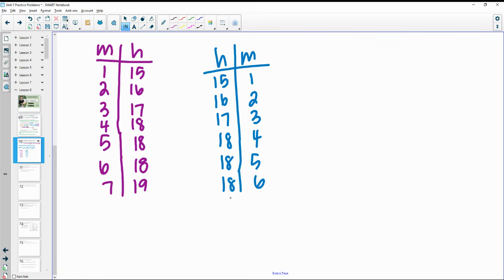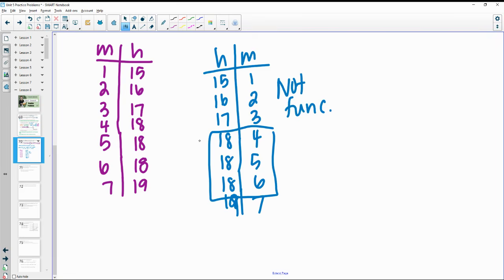So 18 kicks back all three of these values. So you don't know which one it goes to. So that means it's not a function. And so if all of these heights happen to be different, sure, okay, but if you had any heights the same, then it wouldn't be.